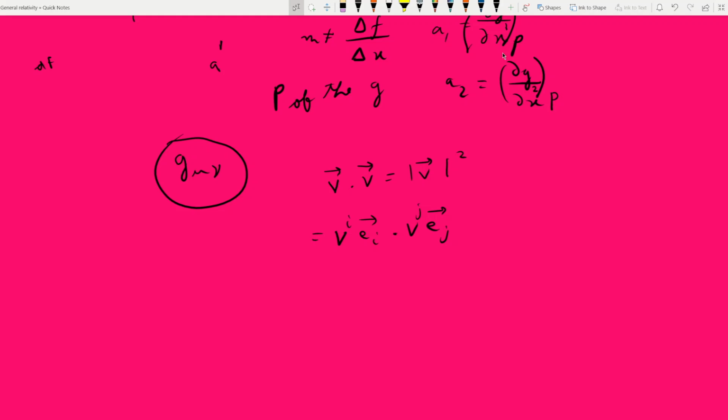We could have written v^i e_i, but that would have mixed up the indices. So this is essentially a summation once over i and once over j.